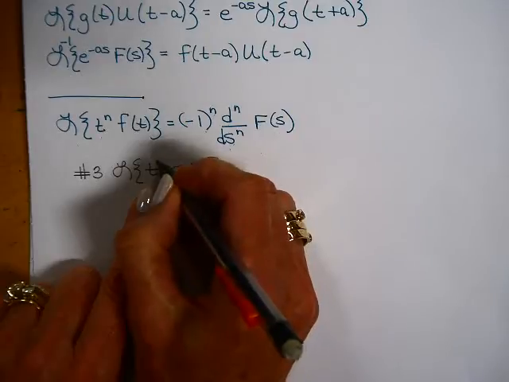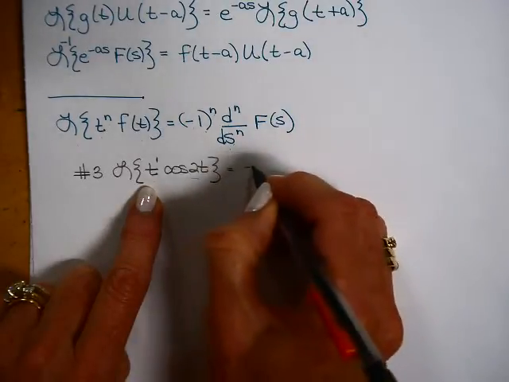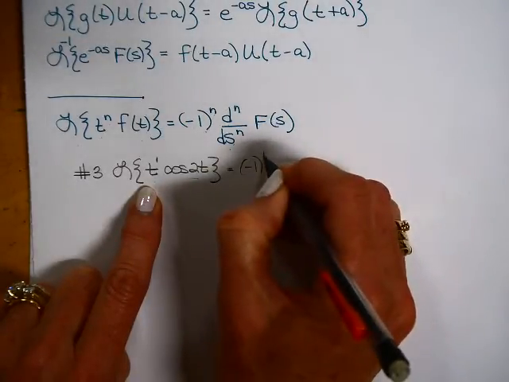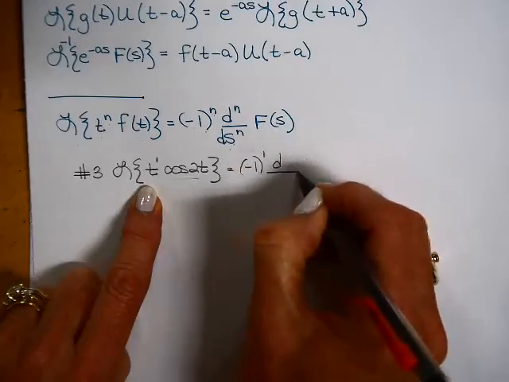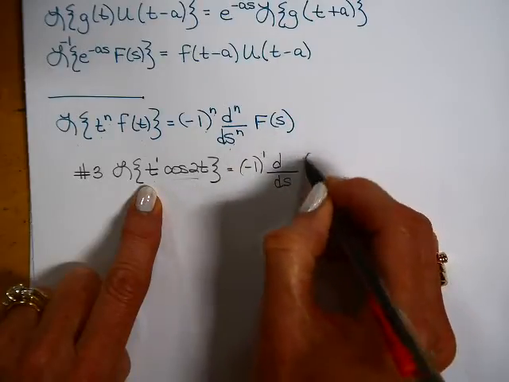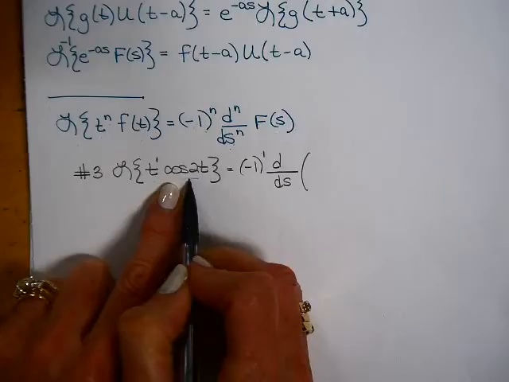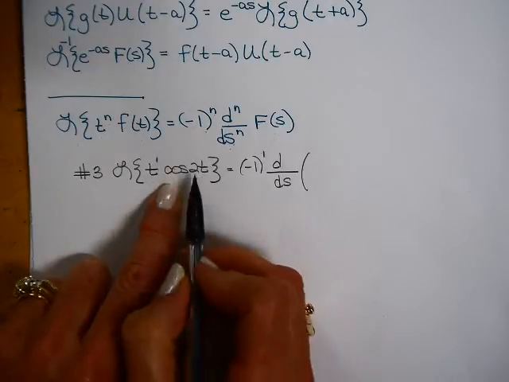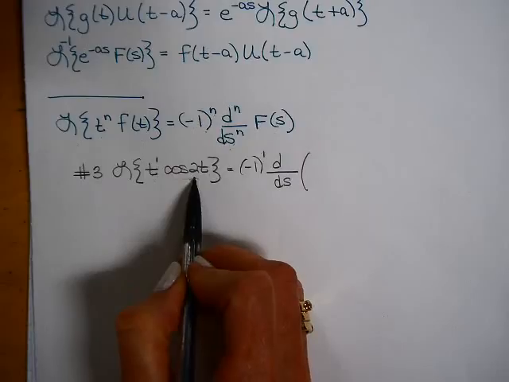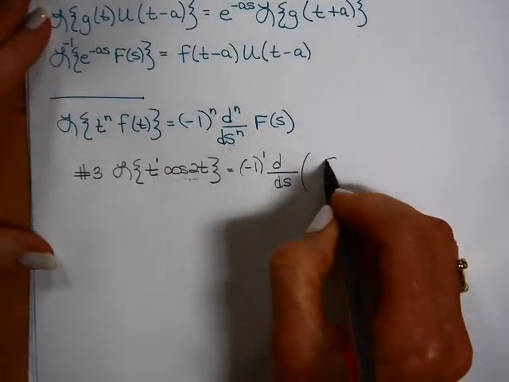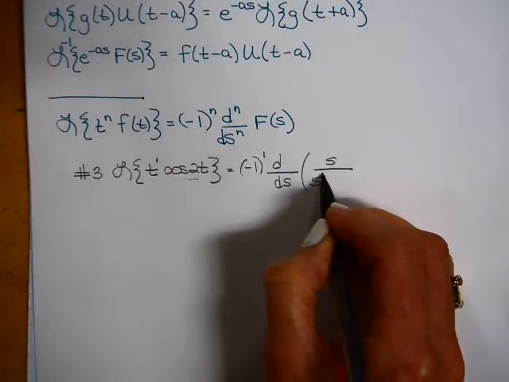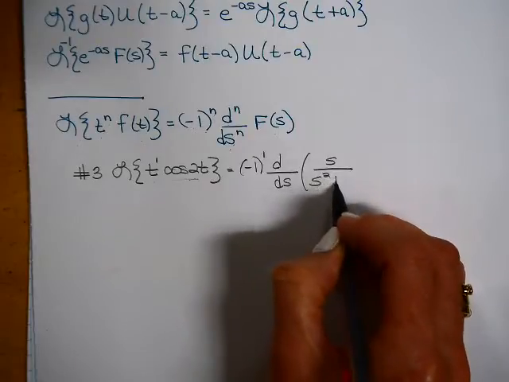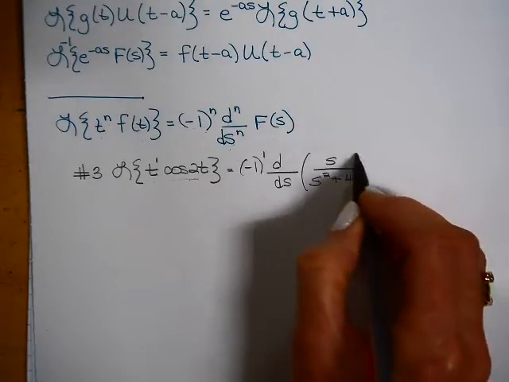Since this is the first power, this is going to be -1 to the first power times the first derivative with respect to s of the Laplace transform of the cosine of 2t. The Laplace transform of the cosine is s over s squared plus 4.